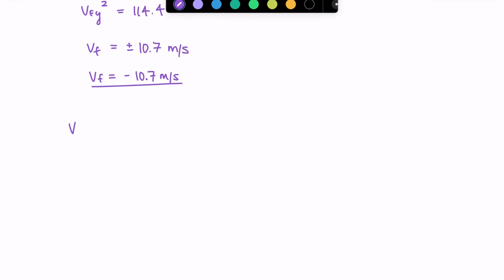Now we have this equation, v final equals v initial plus acceleration times time, and this is the one that we're going to use to solve for time t. I'm going to subtract v initial y to the other side, so I got v final minus v initial, and then I'm just going to have a_y t left. So to get t by itself, we're going to divide by a_y.